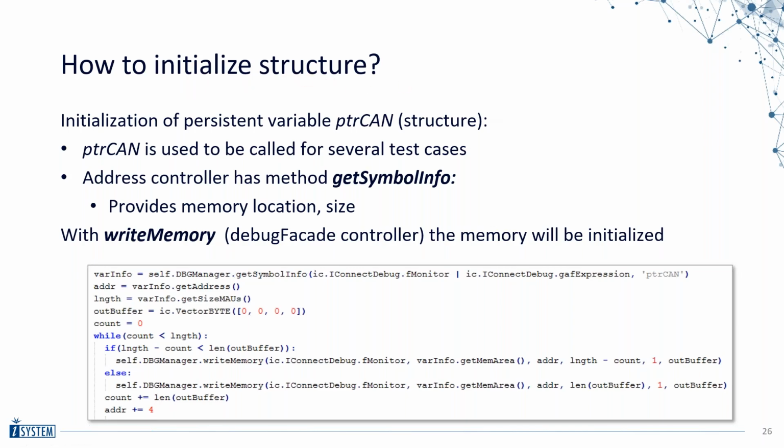When we are testing, for instance, a complex structure, even if we have a new binary with a different number of elements of the structure, we can read out with the address controller the size of the new version of the structure, and we can get the information on the size and the types of the elements, and we can still modify it with the script on the fly, even if the binary has actually changed. This is, for instance, one use case.